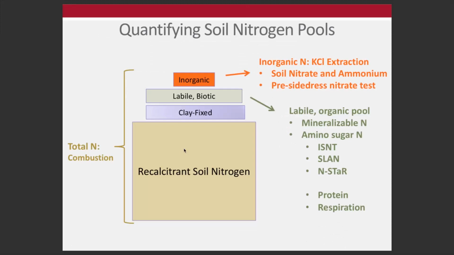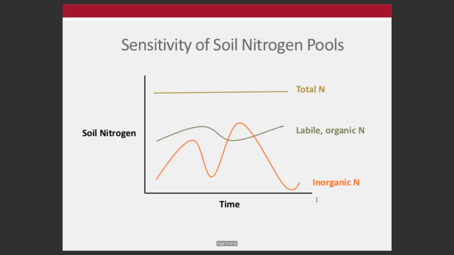All right. So the last piece is the soil protein. We've talked about the different ways that we quantify nitrogen pools, and we talked about KCl extractions. Ammonium and nitrate is probably the most common nitrogen test. But there's also a labile organic pool of nitrogen, with different methods to quantify that.